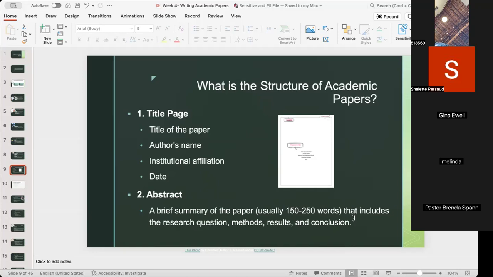And it kind of includes the important information that you're going to discuss in your paper. So it could be a research question, it could be steps or ways that you do something, the results of research, and you can also have a conclusion as part of it as well.